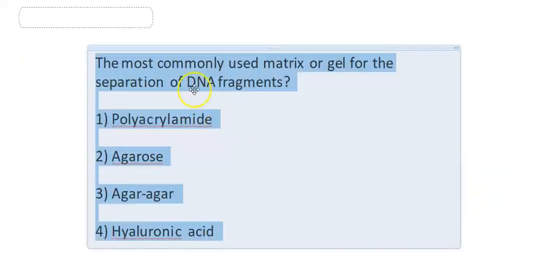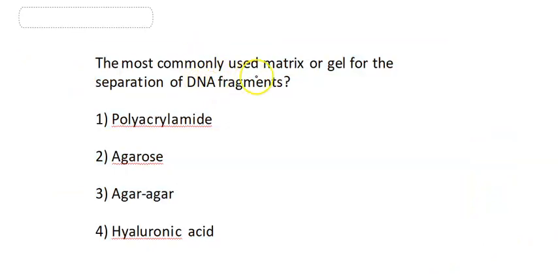The most commonly used matrix or gel for the separation of DNA fragments. It's a very easy question, right? Option 1 is polyacrylamide, option 2 agarose, option 3 agar-agar, and option 4 hyaluronic acid. We know that the most commonly used matrix or gel for the separation of DNA fragments is agarose gel.